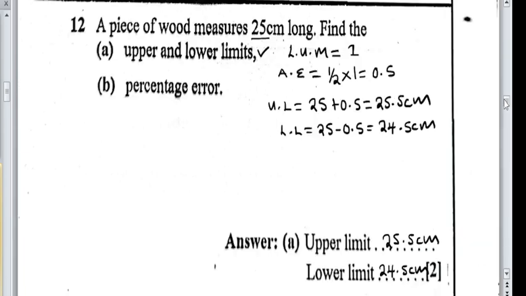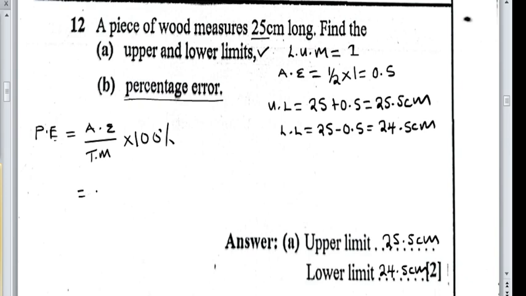We proceed. We look at the second part of question 12. It is asking us to find the percentage error. How do we find percentage error? Percentage error is given by the absolute error divided by the true measurement, multiplied by 100%.